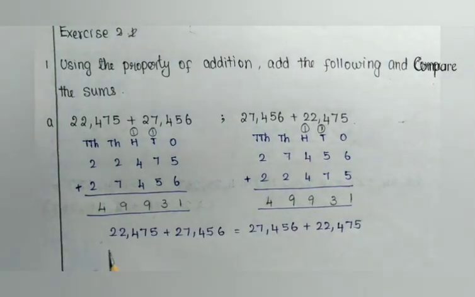Thus we can say like 22,475 plus 27,456 is equal to 27,456 plus 22,475. This property is also called as the commutative property of addition, whereas the addends are only interchanged but the sum remains the same.